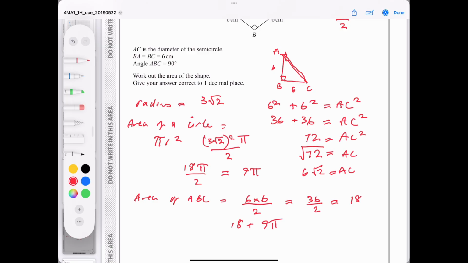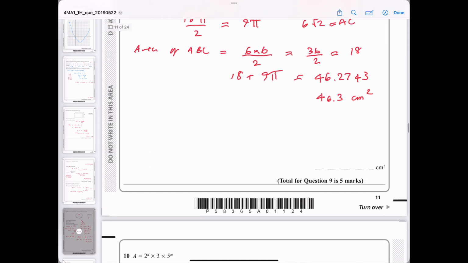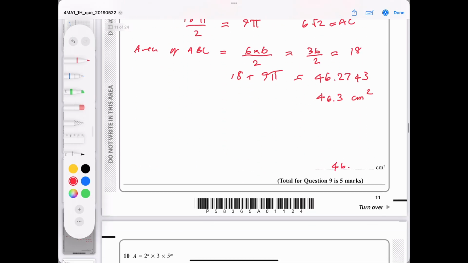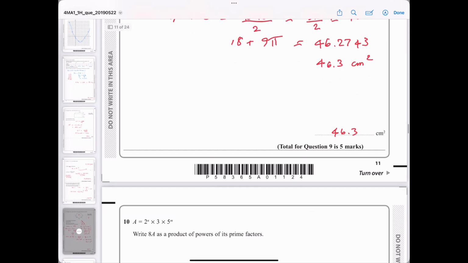Shift pi equals, so that's 46.2743, but we're only doing it to one decimal place, so it's 46.3. I'm assuming centimetres squared. So that's your answer, 46.3 centimetres squared. Well done.